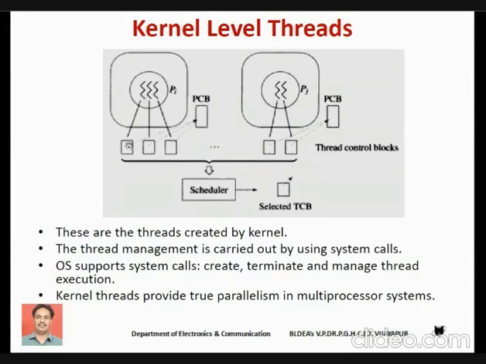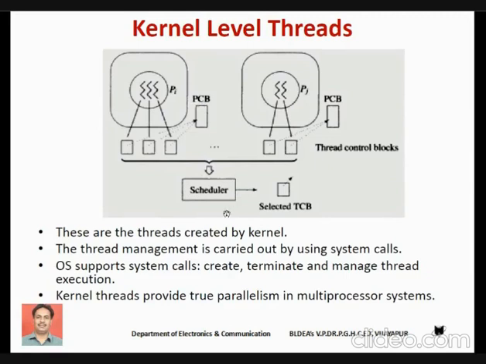Each of these threads will have a thread control block, so that the threads can be selected by the scheduler. Always the scheduler selects one of the threads during execution. What is the scheduler? The scheduler is the part of the operating system which decides the program or process to be executed next.